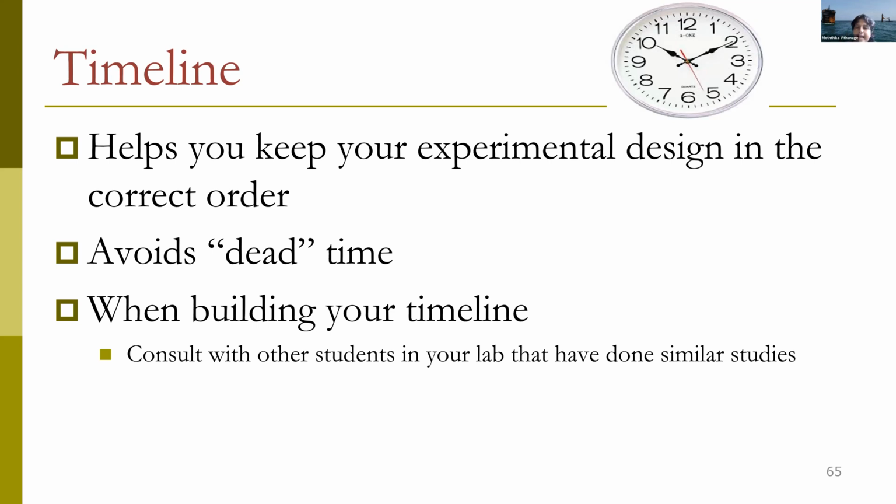Then you are writing the timeline, right? This is very important. You really need to put a timeline. If you don't have a timeline, then that proposal will be rejected right away, because without a timeline, you can't go ahead with the research, right? So you really need to have a proper timeline.